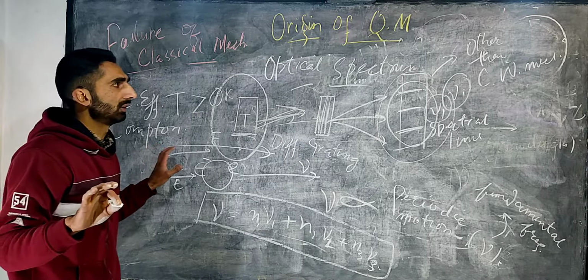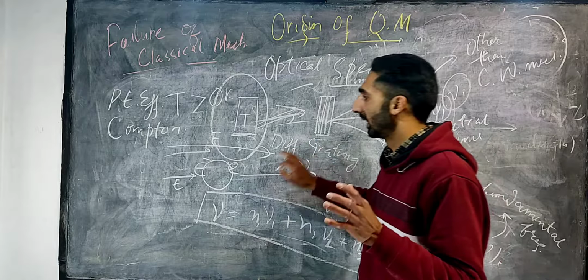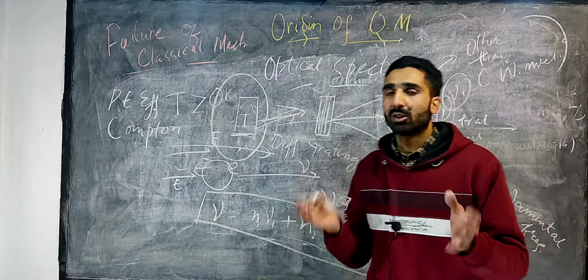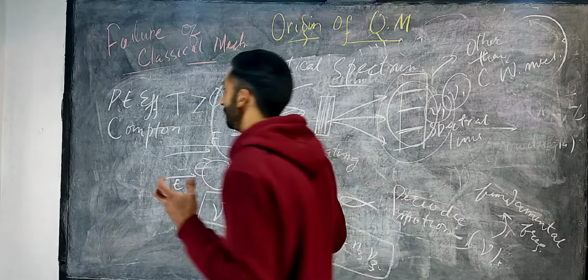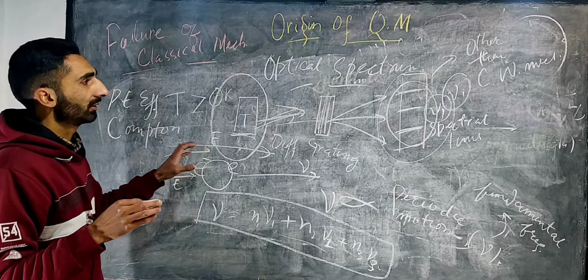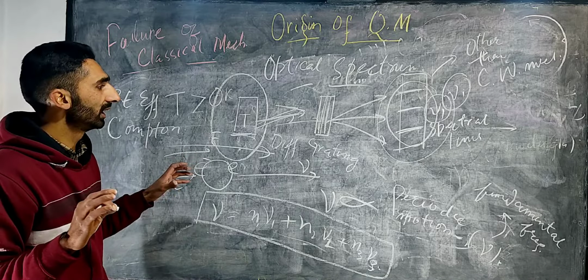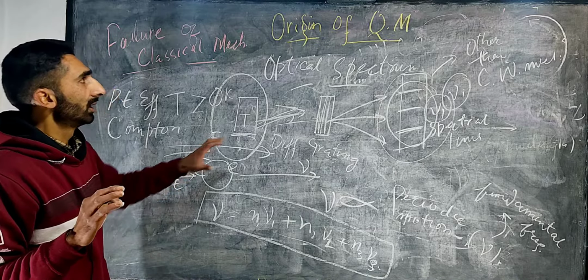The basic postulate for these experiments was that the photon, the constituent particle of light, exhibits a quantum of energy h nu. That was the basic postulate and the origin of quantum mechanics.